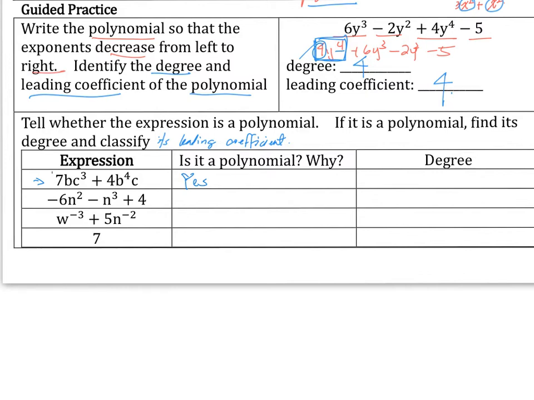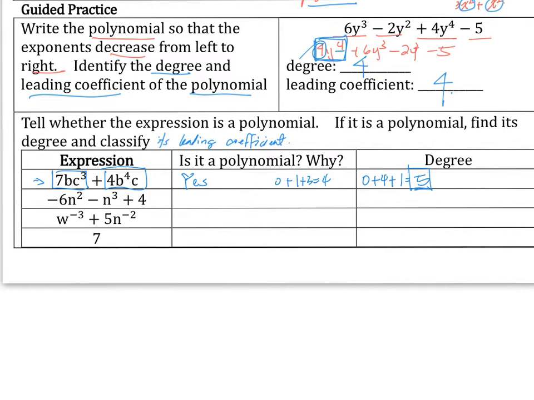Now the degree of the first term will be 0 plus 1 plus 3, which equals 4. The degree of the second one will be 0 plus 4 plus 1, which equals 5. So the degree would be 5. We want the bigger number.